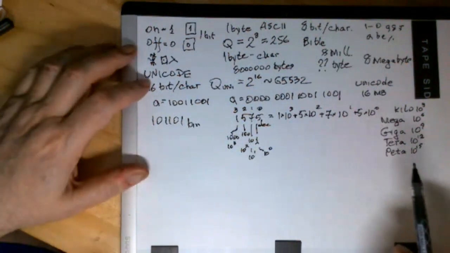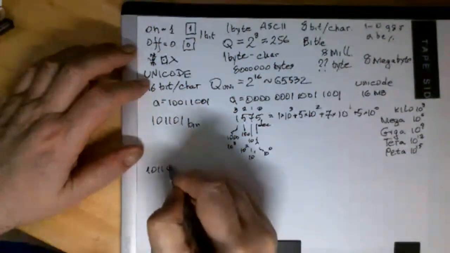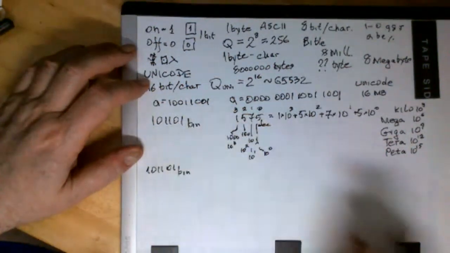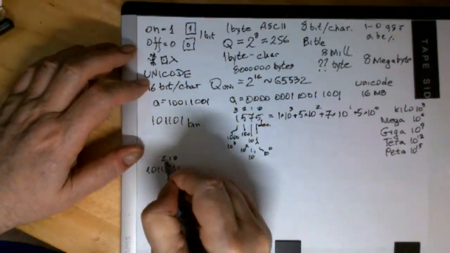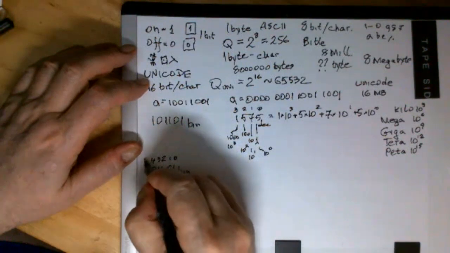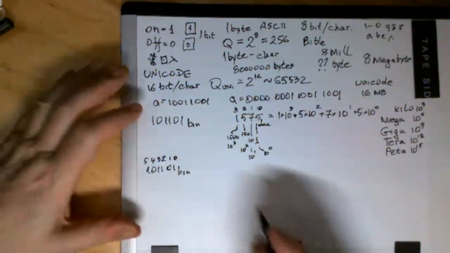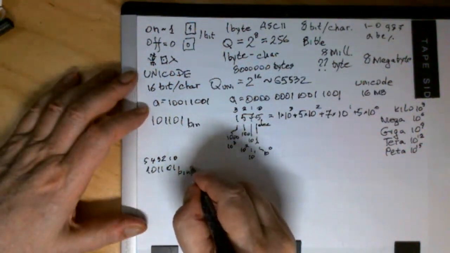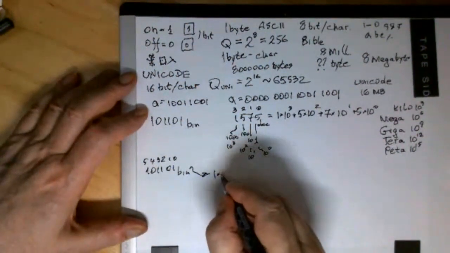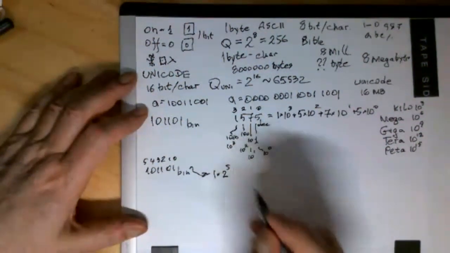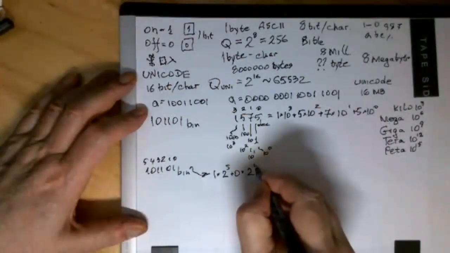Now, what about this quantity, 101101 binary? It also has positions. That will be position 0, 1, 2, 3, 4, and 5. So when we create the polynomial with these numbers, that will be 1 times 2 in the power of 5 plus 0 times 2 in the power of 4.